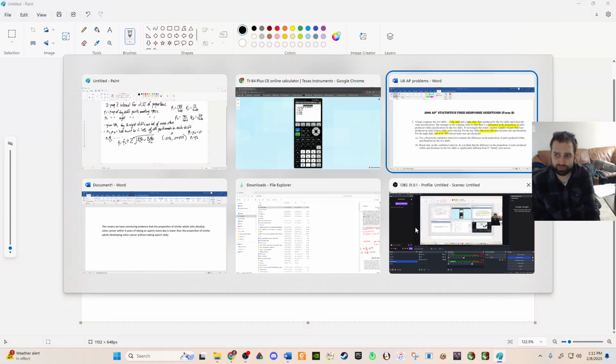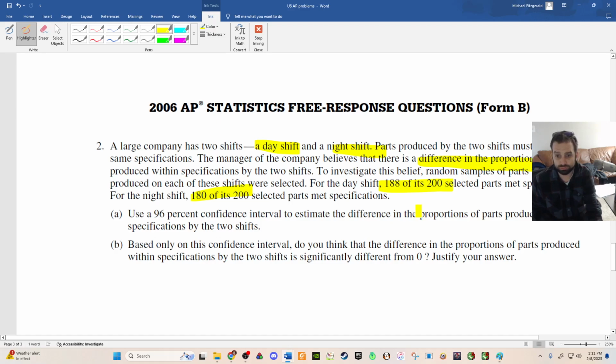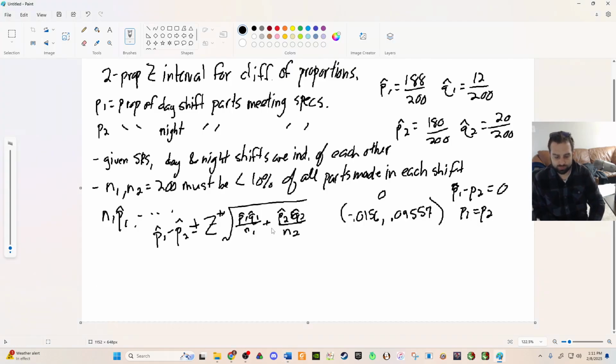Based only on this confidence interval, well, let's interpret it anyway. Do you think that the difference in proportion of parts produced within specifications by the different shifts is different than 0? Let's answer that one first. Let me type.